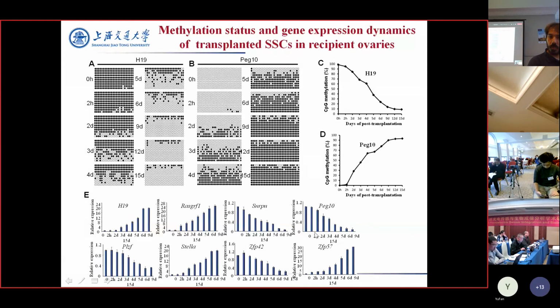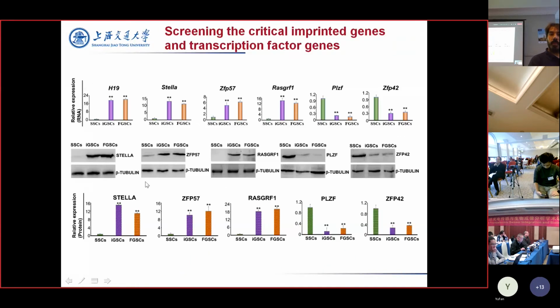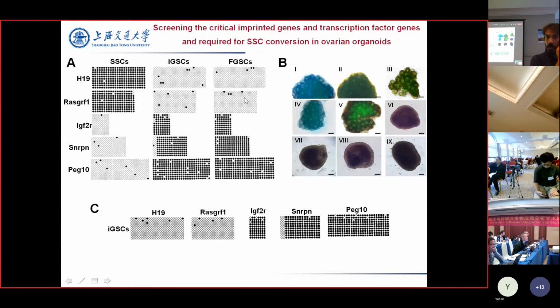So we chose these 8 genes to study, and we made overexpression or knockdown to see what happened to the cells, screening the imprinted genes and the transcription factor genes. We also used the organoid to screen for the epigenetic profile.